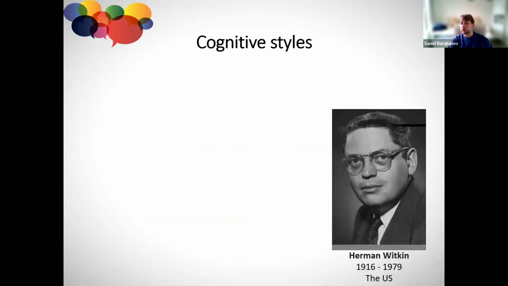Speaking about researchers in this field, one of the most famous cognitive psychologists was Herman Witkin, an American psychologist who conducted research on so-called cognitive styles.